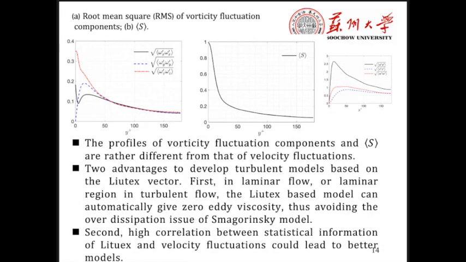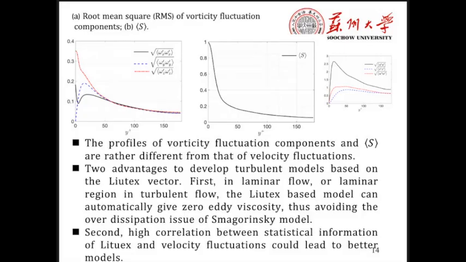On the other hand, we also presented the vorticity fluctuation components statistics and the S, which is used in the subgrid model. We can see they are quite different from that of velocity fluctuations.